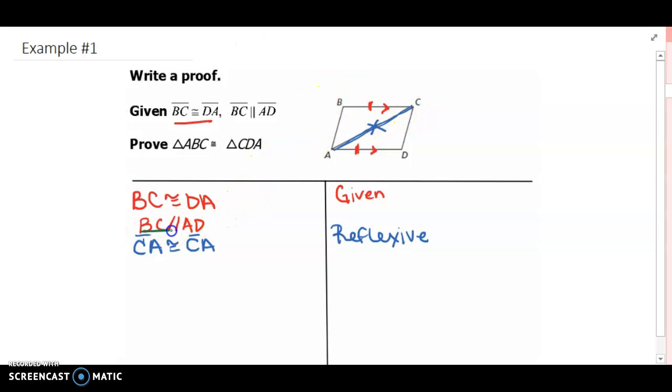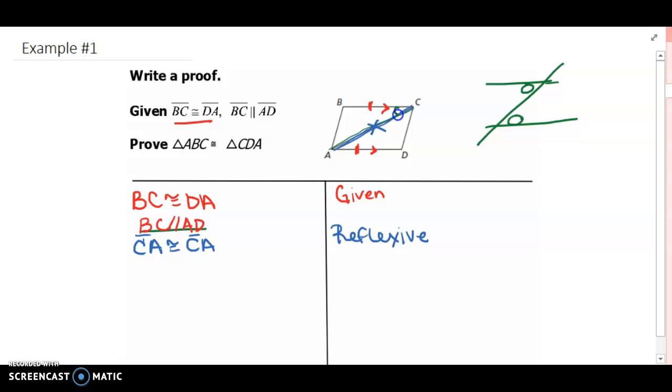Okay, so if I go back to these 2 lines being parallel, so I have a top and bottom that are parallel, and then I have CA as my transversal. What do I know is true about this angle and this angle? Well, these are alternate interior angles, and I know that when the lines are parallel, alternate interior angles are congruent.